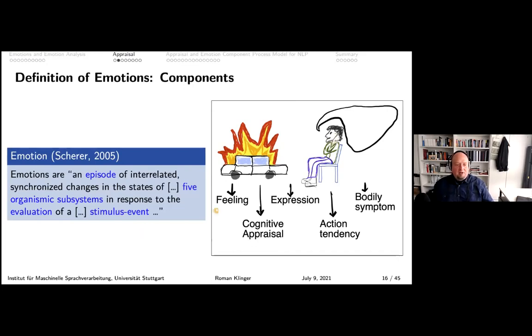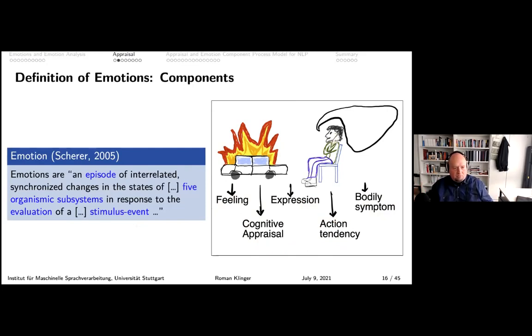And these are a subjective feeling, which is a subjective experience, an expression of an emotion, shouting, for instance. It could be a bodily symptom, like starting to sweat when you are afraid, for instance. Could be an action tendency, like running away. And it can also be a cognitive appraisal, an evaluation of this event, which then also influences the emotion which is developed.